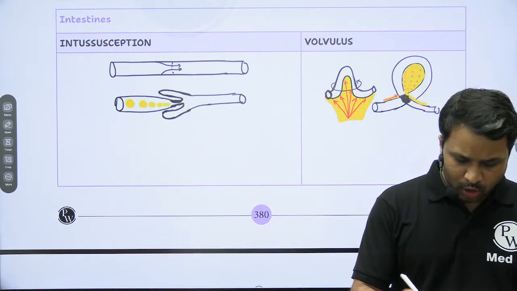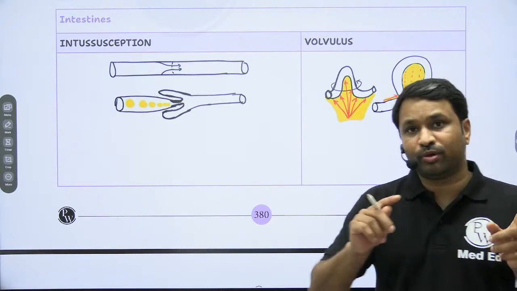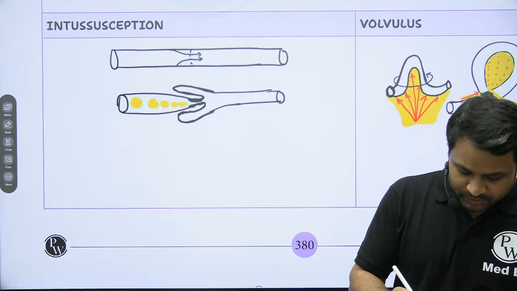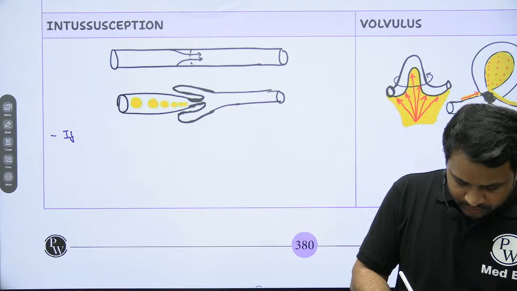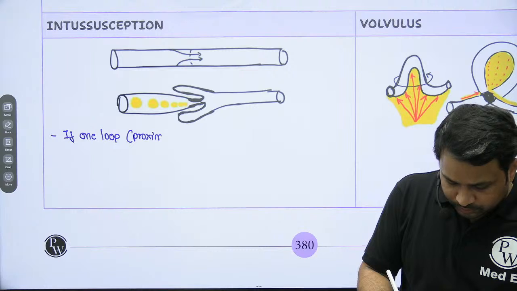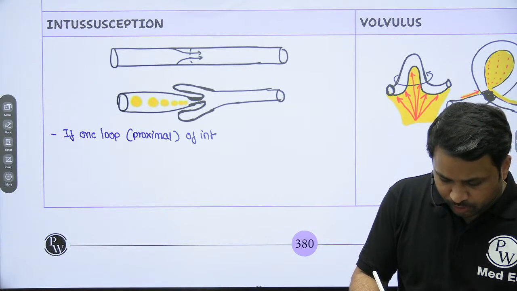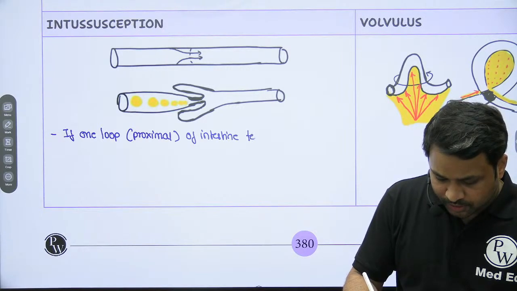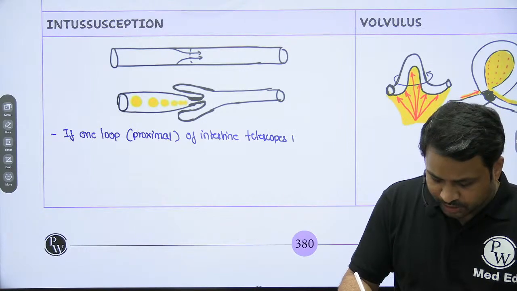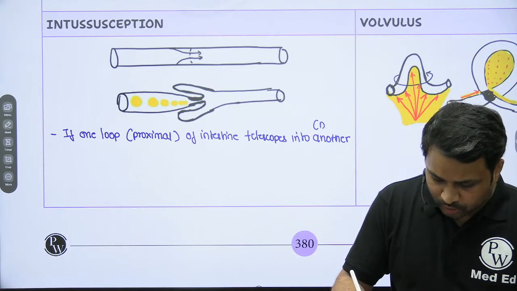As we all know, the definition of intussusception: if the proximal loop of the intestine telescopes into a distal loop. So intussusception is defined as if one loop of the intestine, usually the proximal loop, telescopes into another, and this other loop is usually the distal loop.